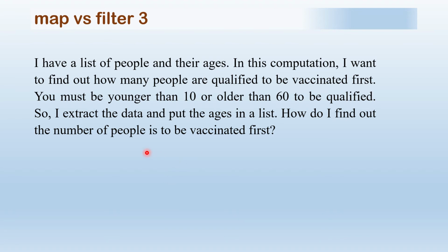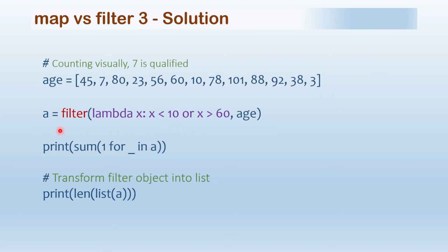Because this involves selection, obviously your first tendency is to use filter to select the numbers from the list that qualify, younger than 10 or older than 60. Let's do that. This filter here selects those with this qualification.